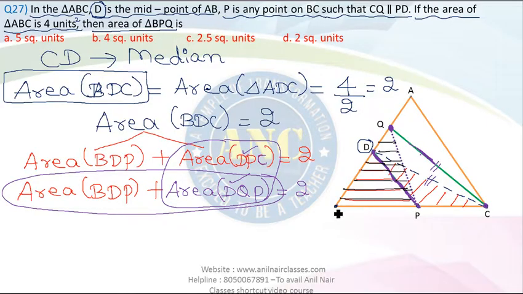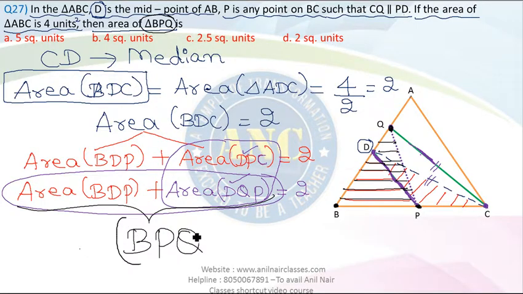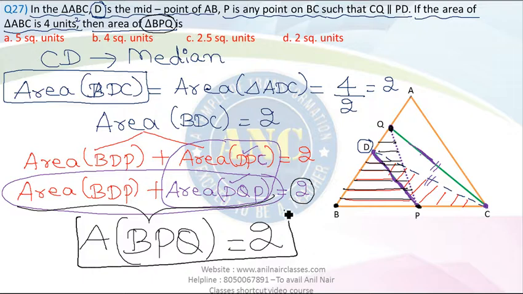This entire thing is nothing but triangle BPQ, and that triangle BPQ is only what they are asking in this question. The combination of these two triangles is triangle BPQ, and the right hand side value still remains the same. The answer for this beautiful question is 2 square units.